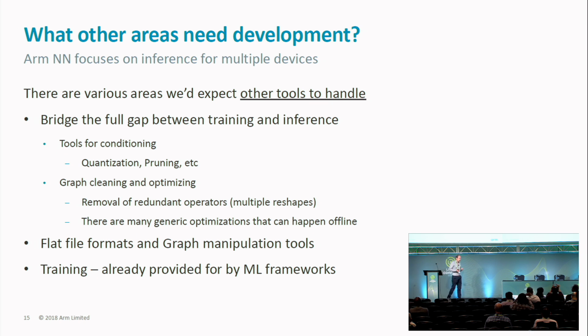What doesn't it do? So we're really focusing Arm NN on the inference. And whilst we do have various stages in here that look at optimization of networks, I think it's important to step back and look at how the entirety of this architecture should work, from the frameworks all the way down. One of the arguments you can reasonably make is that a lot of this processing is not something that should be happening at runtime.